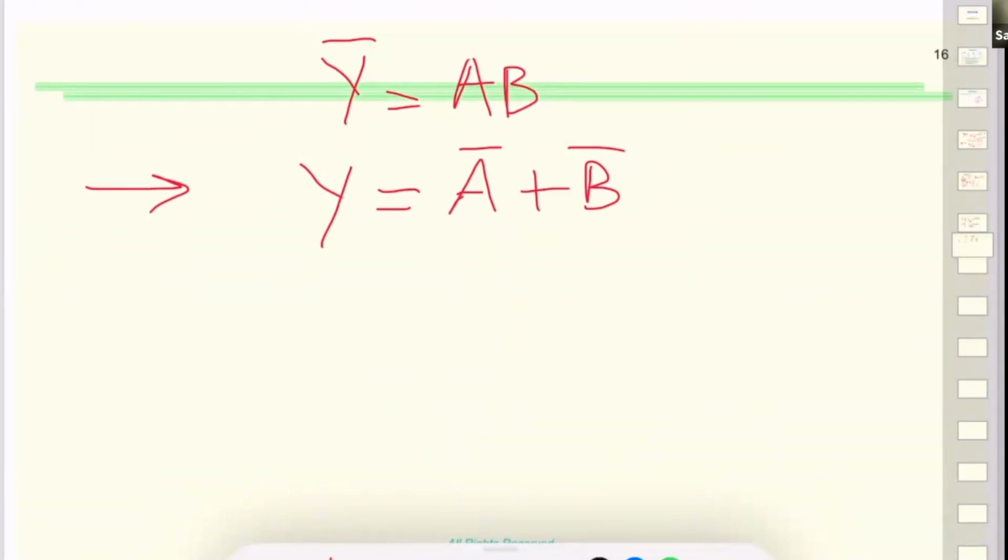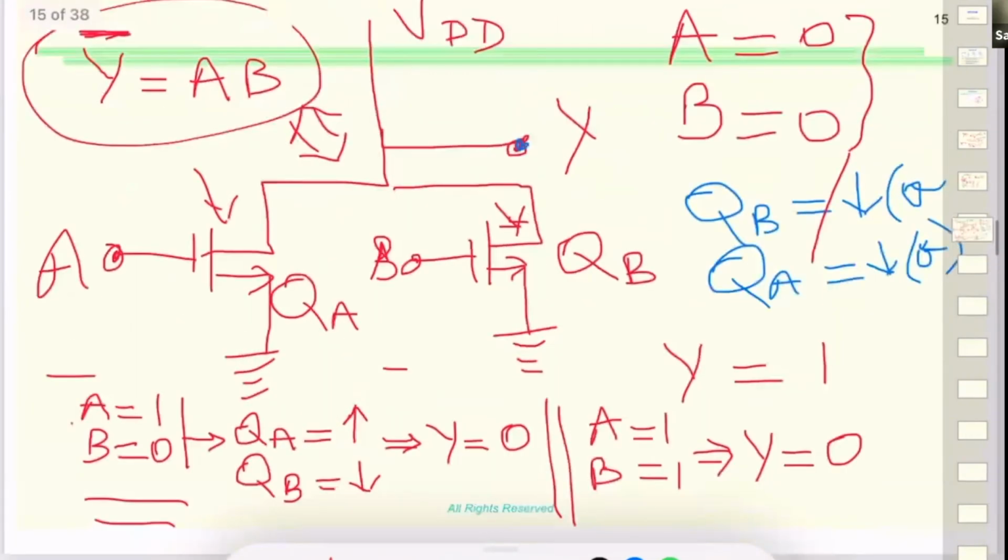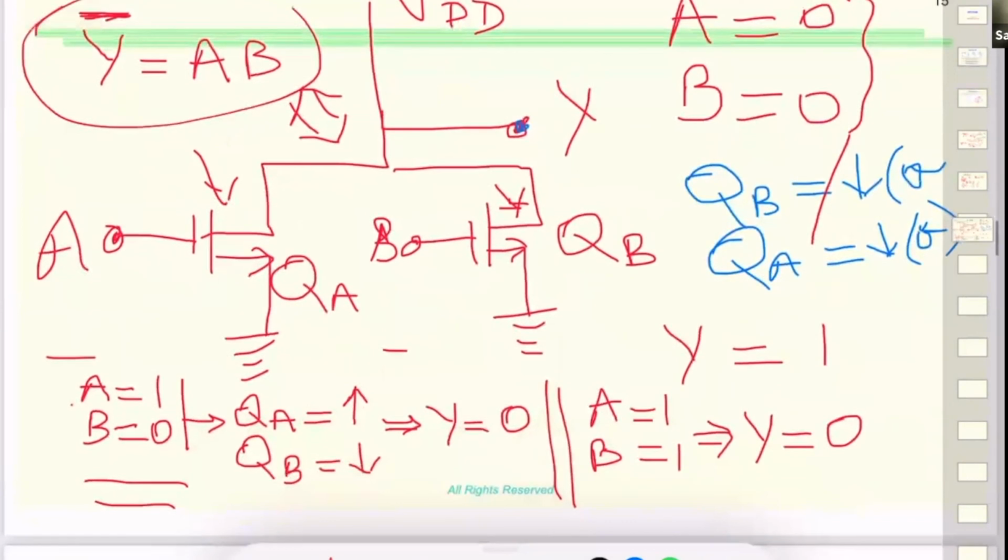So we were using both NMOS, we were using PDN, right? We are showing one transistor here, but this can be multiple of those. So there can be multiple inputs here and multiple inputs there. So we might as well start calling them PDN and PUN, right?